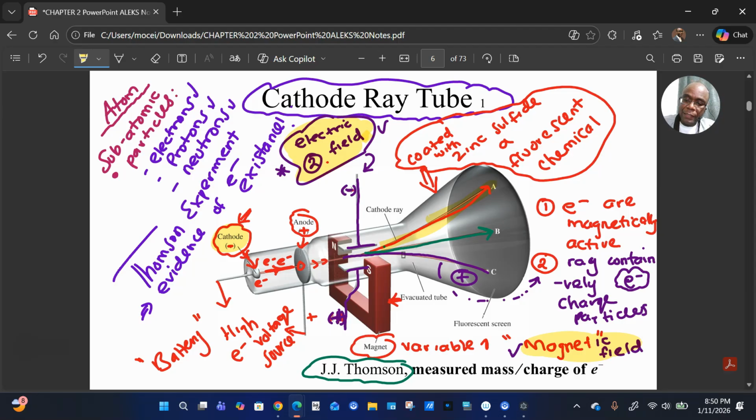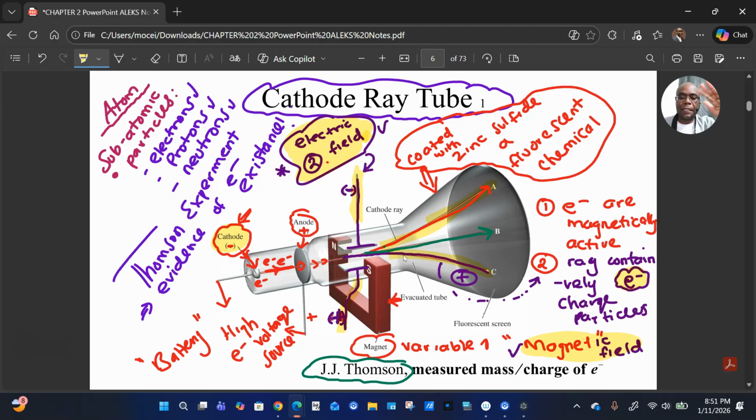Now if you remove the magnetic field and introduce an electric field with the negative and positive side, the ray deviated to the positive, and that tells you that those particles were negatively charged. Okay, and that concludes that those particles were the now known particles we call electrons. Electrons are negatively charged particles.